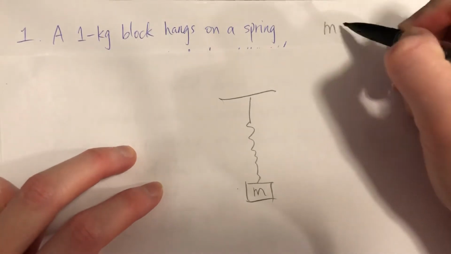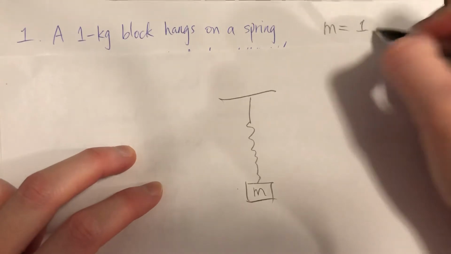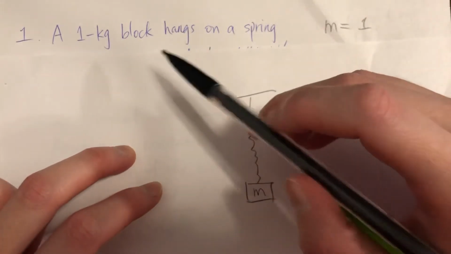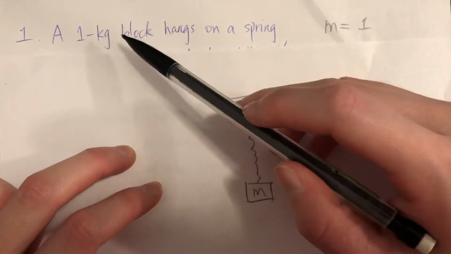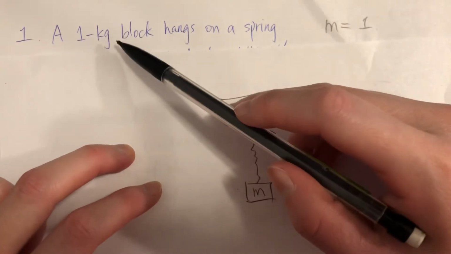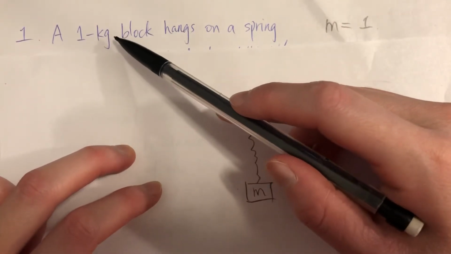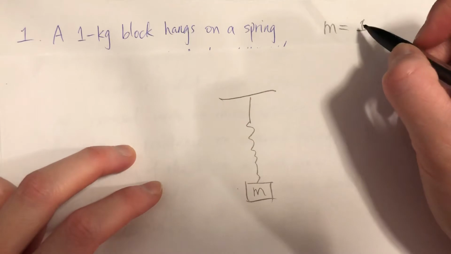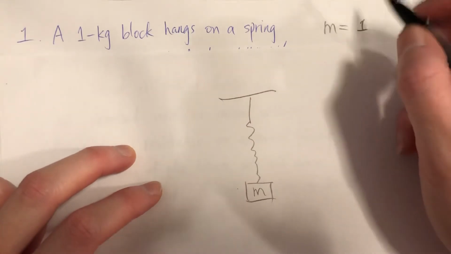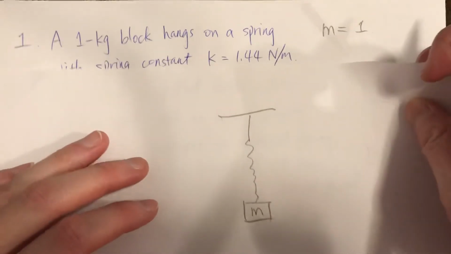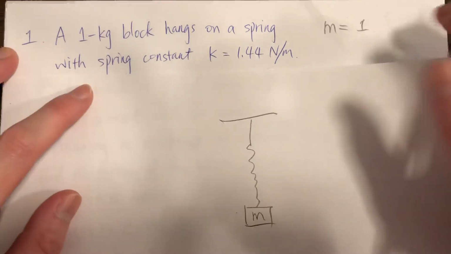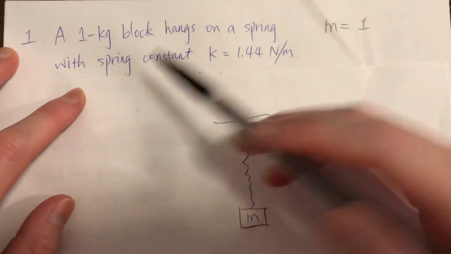So it just says the mass is 1. And if you're using standard units like kilograms, instead of say pounds, then you don't have to keep track of conversions. So that's the mass.